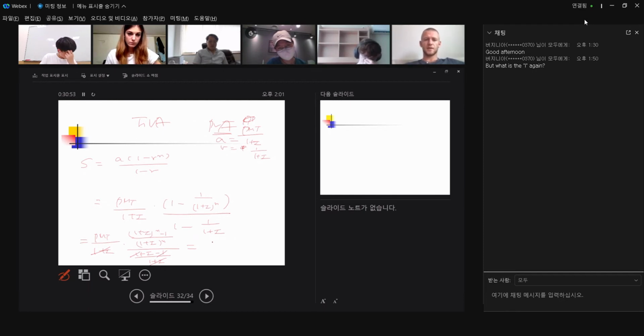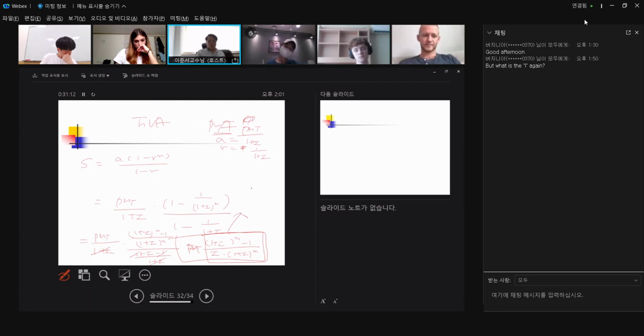So what is the remaining one? 1 plus I to the power of n minus 1, divided by I times 1 plus I to the power of n, times payment, right? So this equation is called the present value interest factor of annuity.